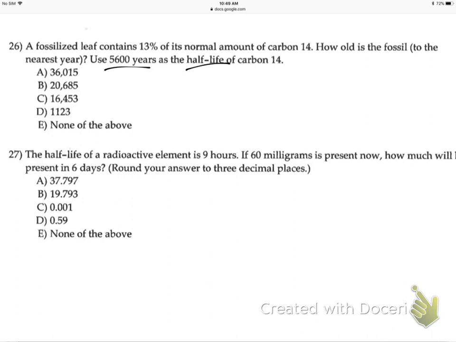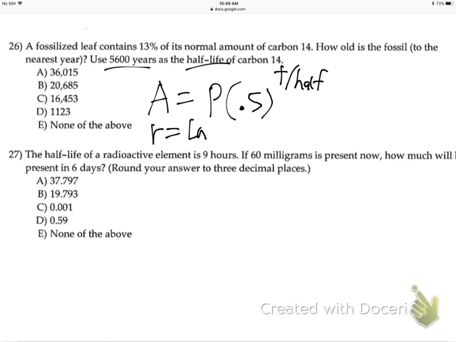What was that? It was A equals P times 0.5 to the T over half-life, right? Is that what it was? No, R equals ln 0.5 over the half-life.